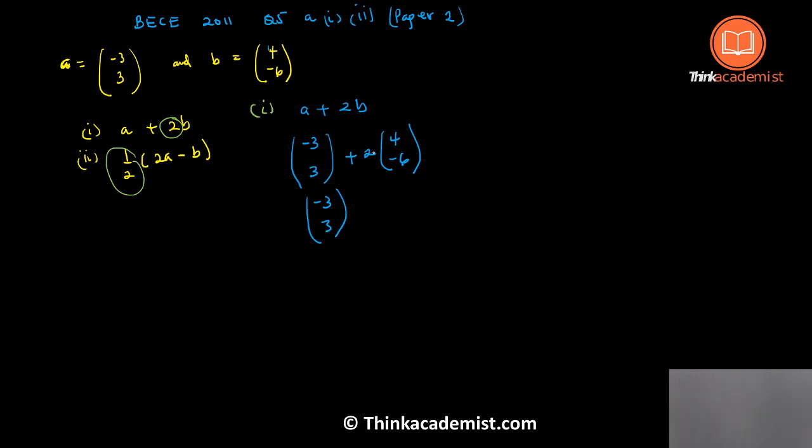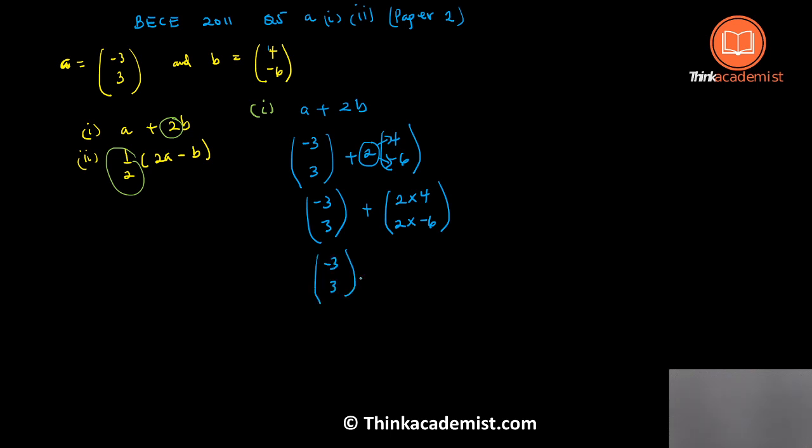Let's do the scalar. The scalar basically means this will multiply this, and then we'll multiply this also. So it becomes plus (2 times 4, and then 2 times -6).